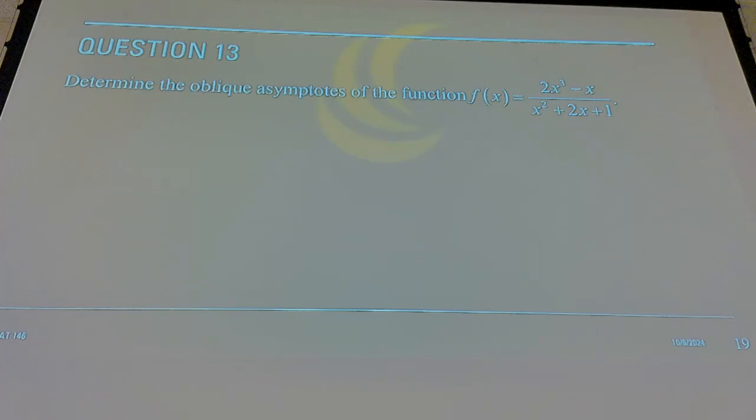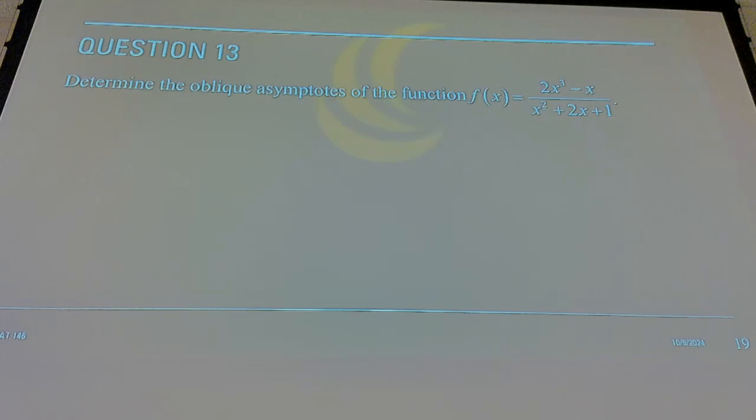Oh, wait. Oh, we're going to find out. I don't know if your calculus app knows how to do this. Oh, no, it can't.